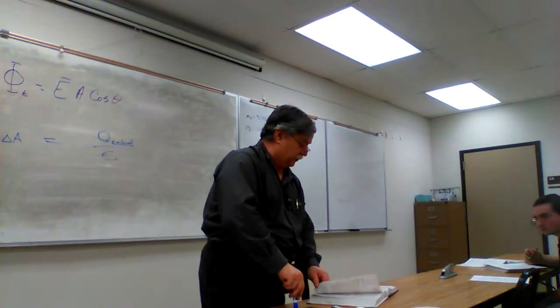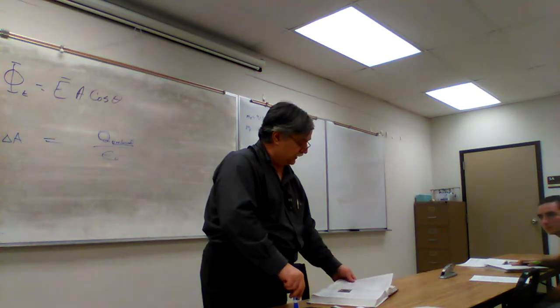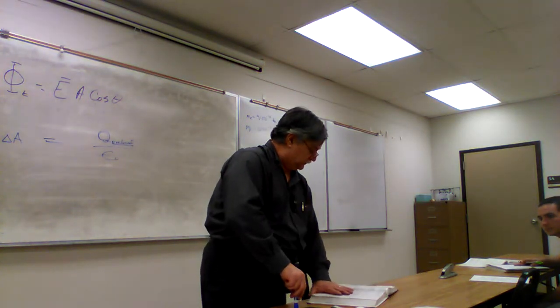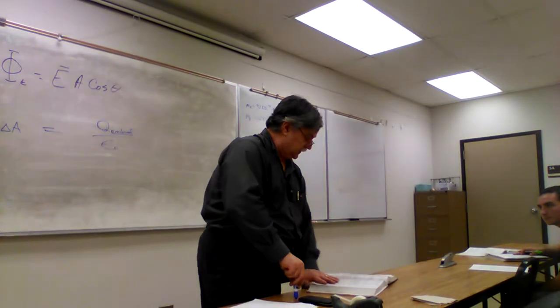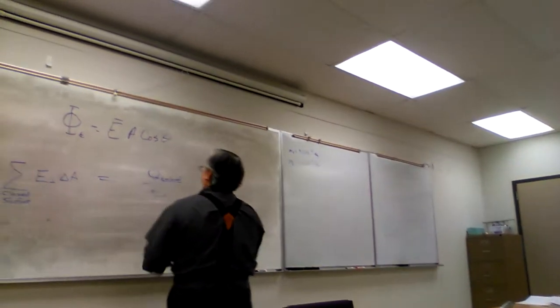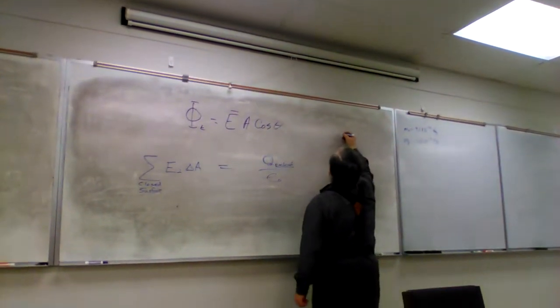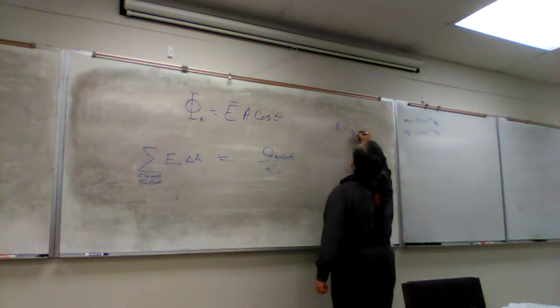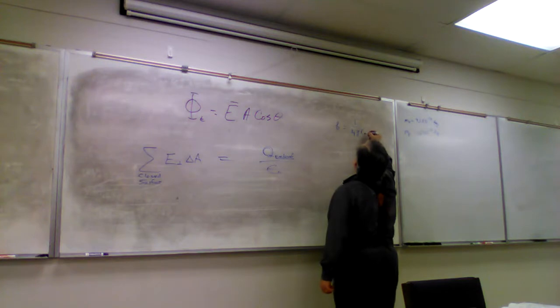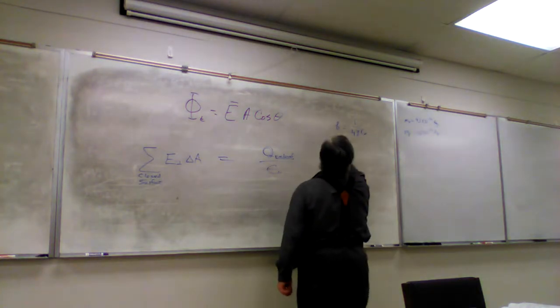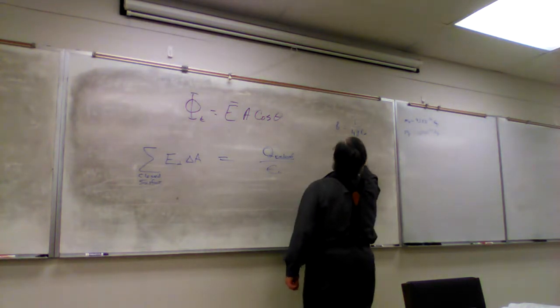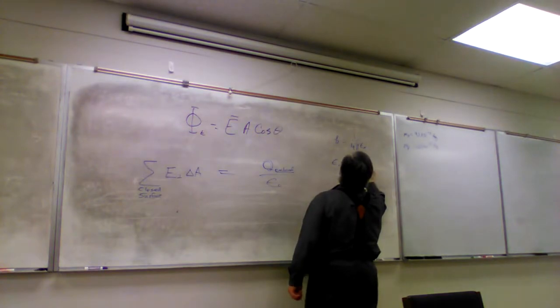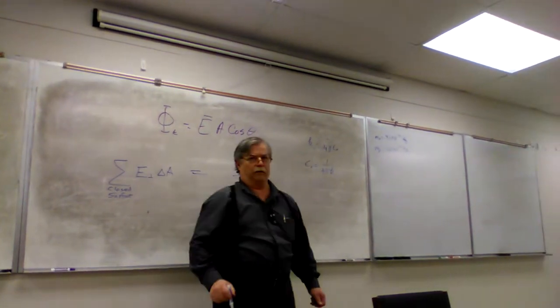Spent too much time on problems and didn't get to the lecture again. What you do need to know about this is epsilon sub naught. It's 1 over 4 pi times k.